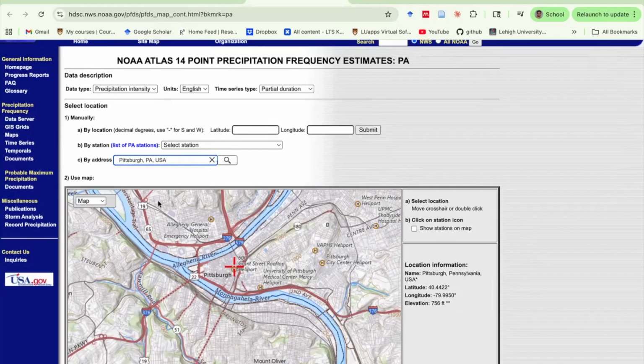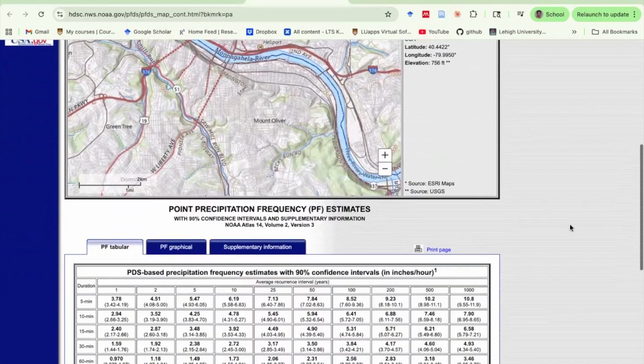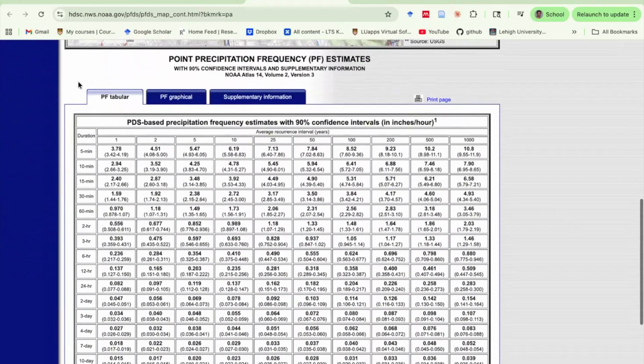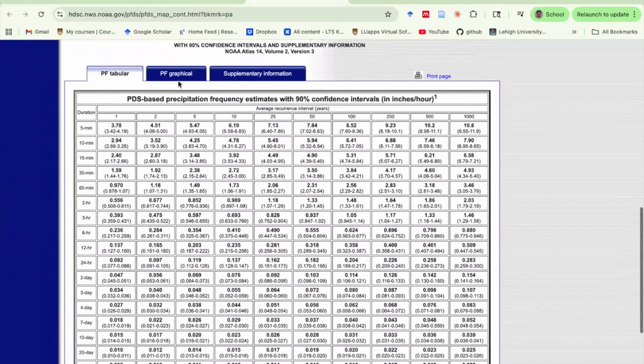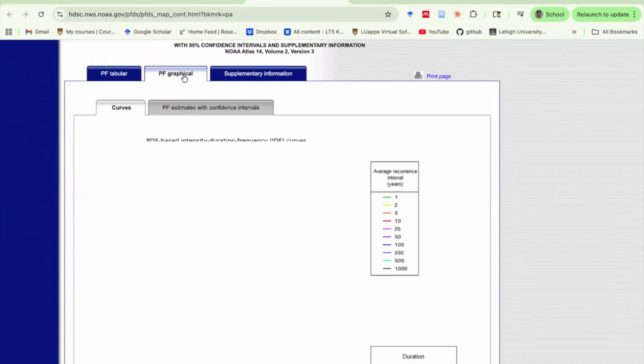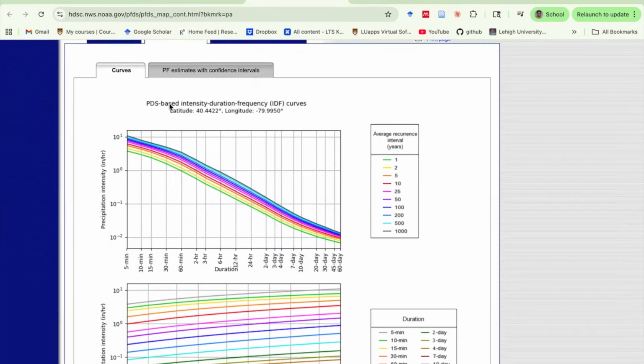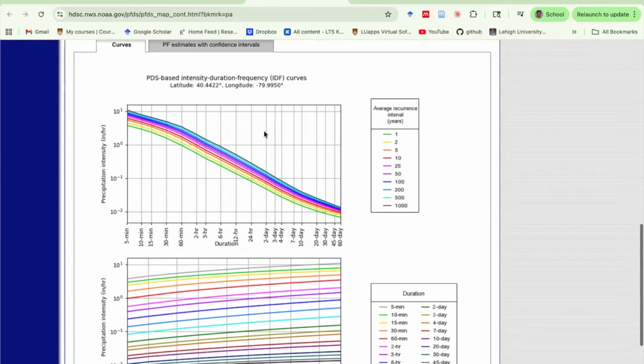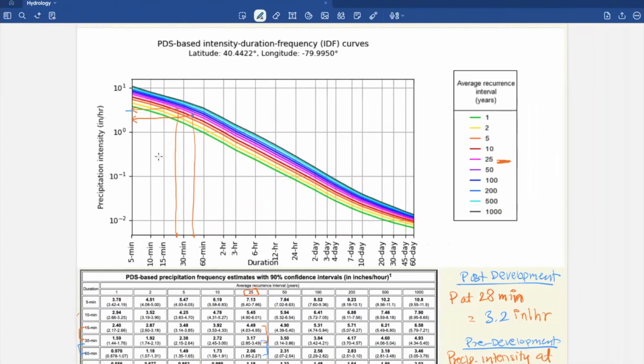This cross denotes the Pittsburgh area, and when we go down, we will have the tabular format and graphical format. So based on this, PDS-based intensity, duration, frequency, IDF curves. This latitude and longitude refers to our area location, that is Pittsburgh. Here the legend shows the average recurrence interval in years. So we will be using this, which I have already pasted here.